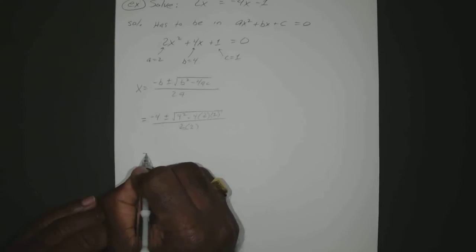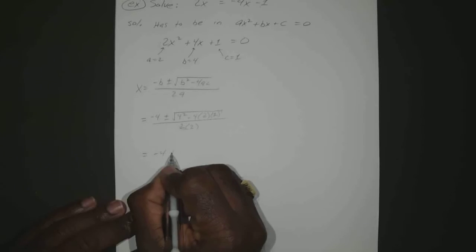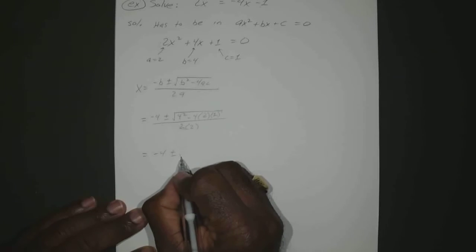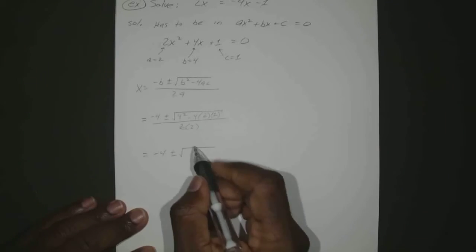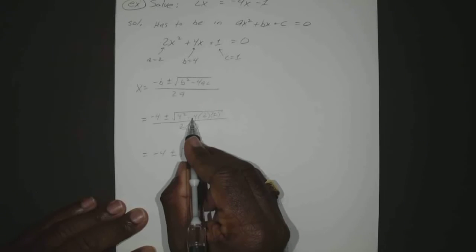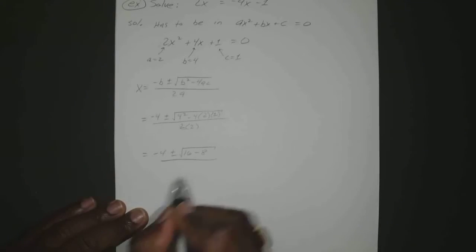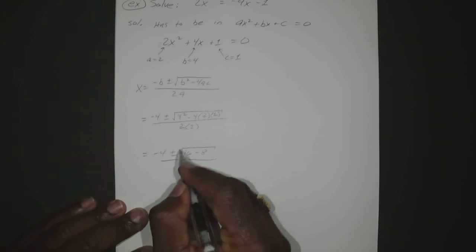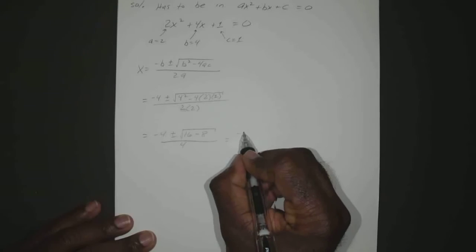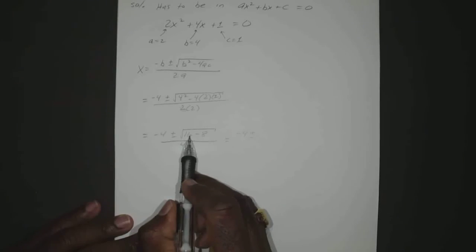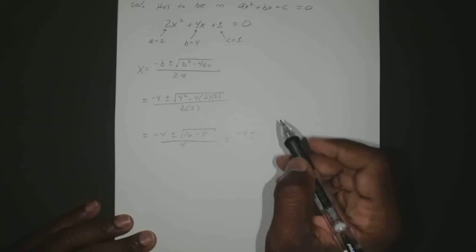Okay, so that means it's going to equal negative 4 plus or minus the square root of 16 minus 4 times 2 is 8, all over 4. So that's going to equal negative 4 plus or minus 16 minus 8 is 8.